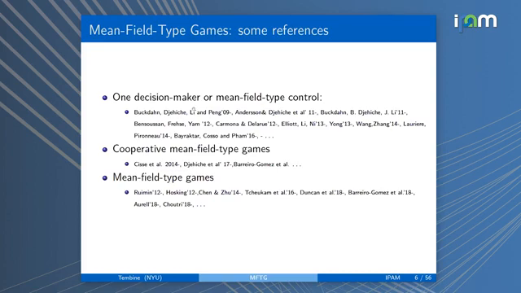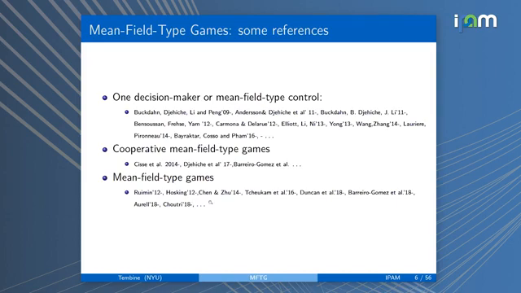Now, we started from here for mean-field type control and extended to more than one agent, meaning more than one controller, where the controllers are optimized. So the mean-field type game is here, for more than two controllers.